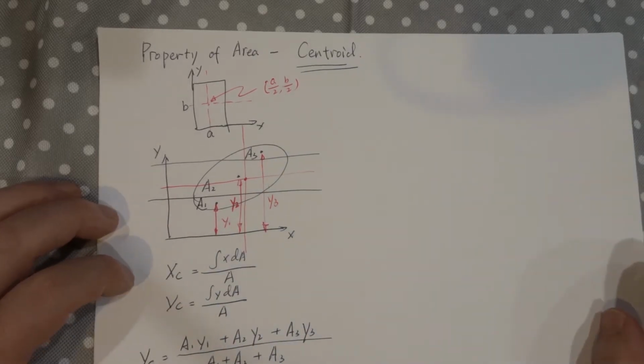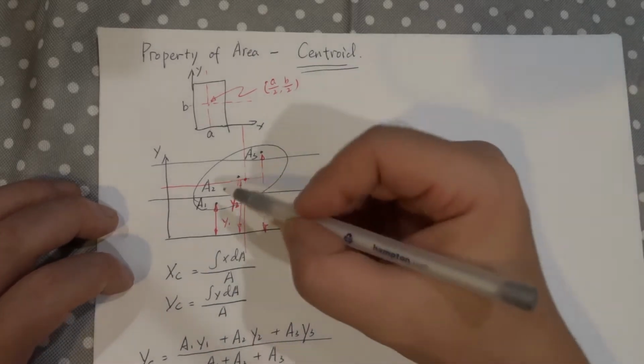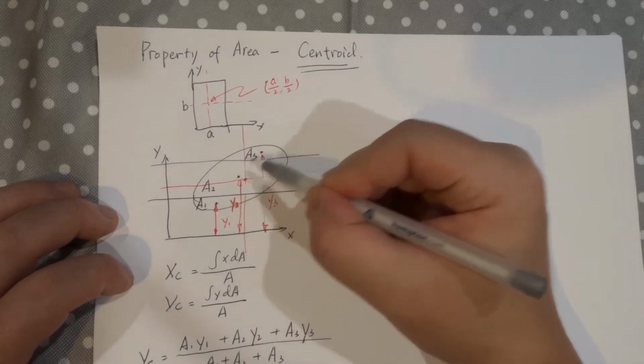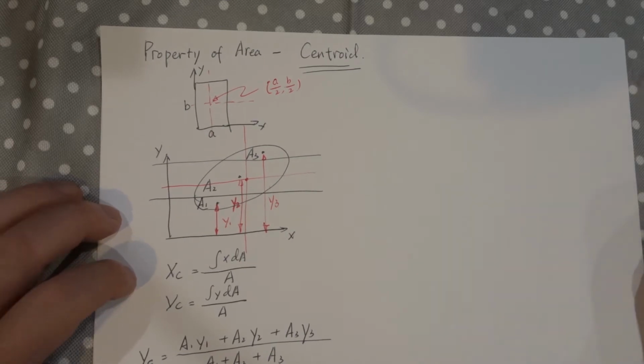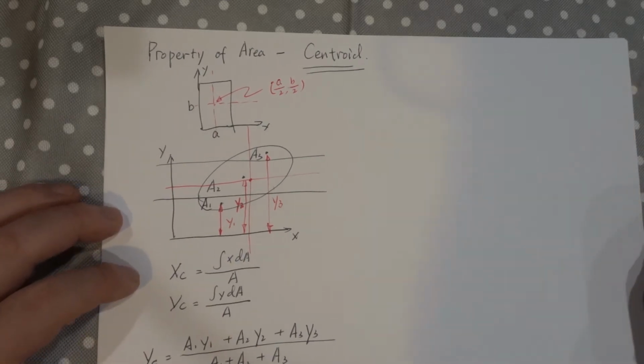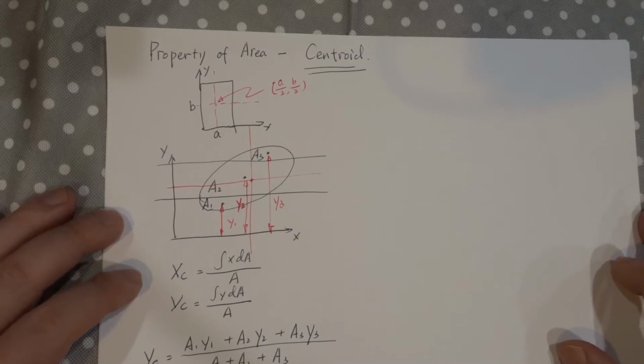Now realize that the centroid of each piece is inaccurate, but if you break up this shape more and more, let's say into 1,000 pieces, it's going to get very close to the real solution. So that's the general solution.